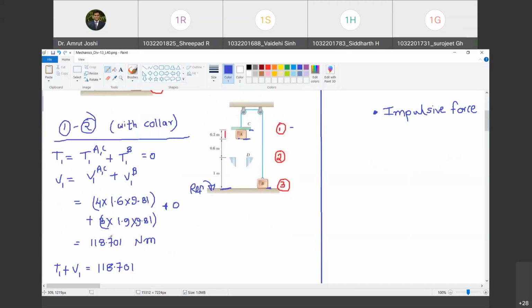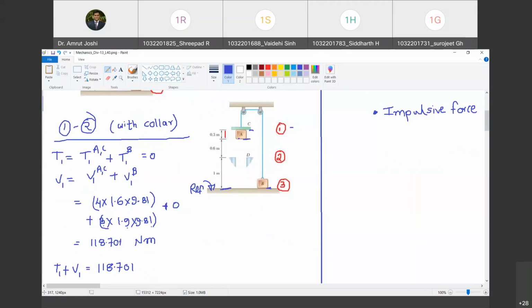What is the potential energy associated with the collar? It is 1 plus 0.6 plus 0.9, that is 1.9, multiplied by 3 kg, multiplied by 9.81. Please cross verify the calculation. Is it 118.701?